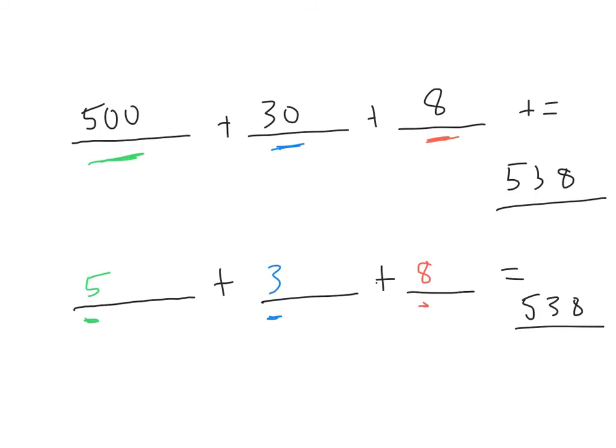Okay. Now we're going to use multiplication to finish writing this and make it true. Because right now, 5 plus 3 plus 8, that's not 538. I need to have some multiplication signs in here to make this true. So 5 times something, 3 times something, and 8 times something. Now I want you to take the number of the place value and put it into each one of these.